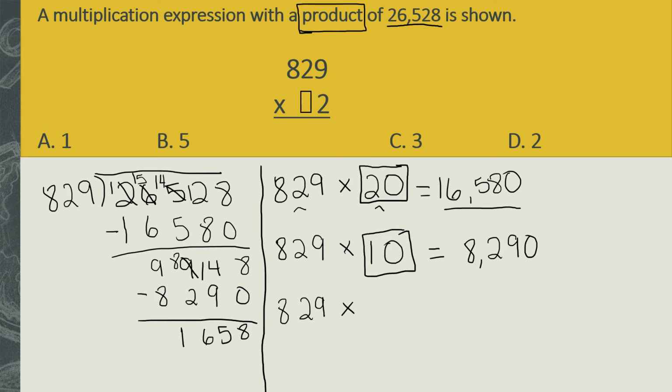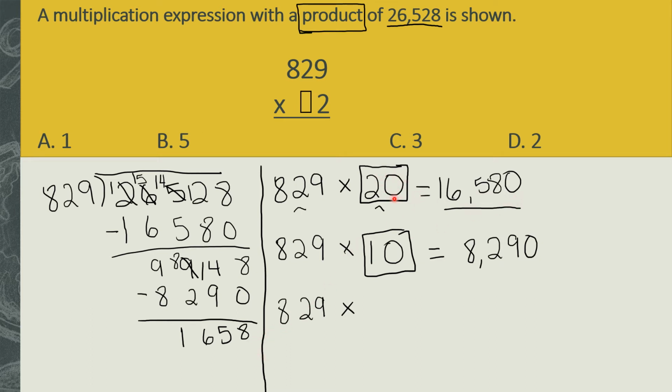But I'm going to pause right here for a second. I've noticed that this number looks oddly familiar and similar to this number. So I wonder if there is a way that I can figure out this mystery number here that I have to add. I noticed that the only difference between the two numbers is this one here has a 0 at the end and this one here doesn't.